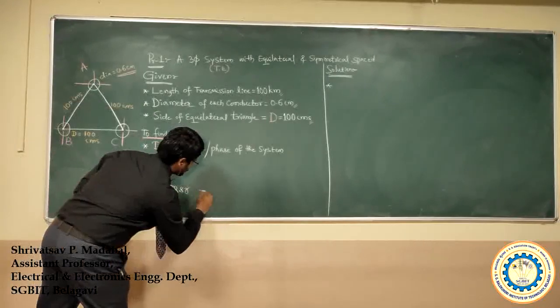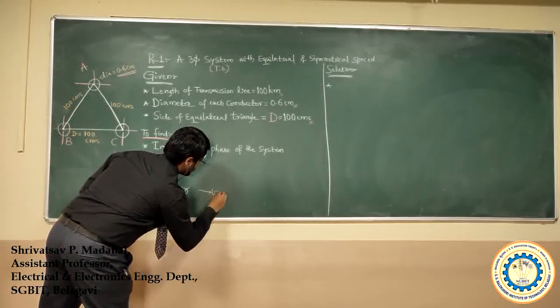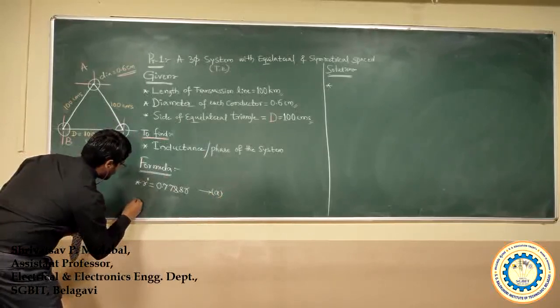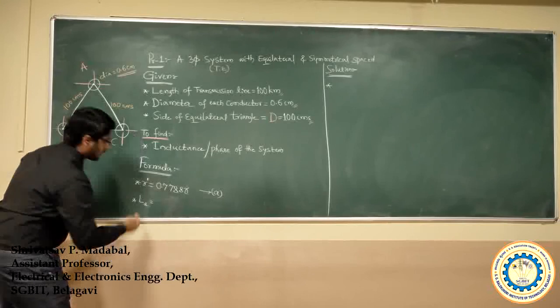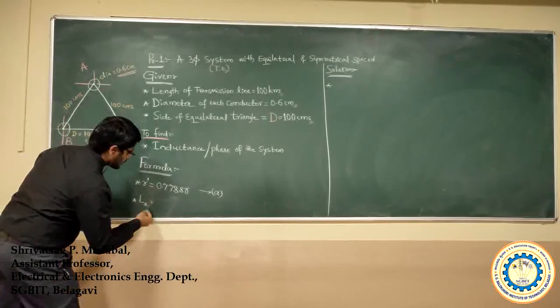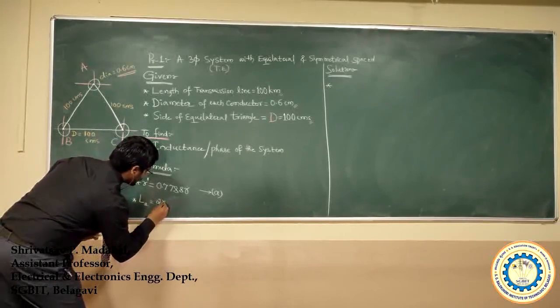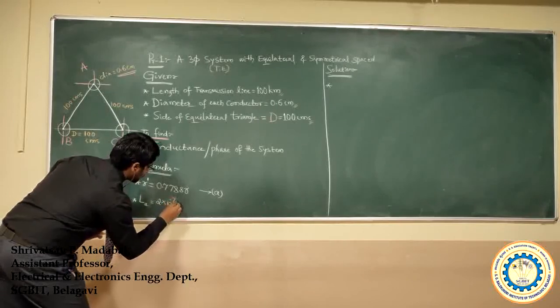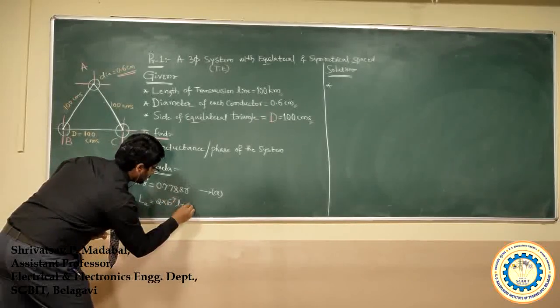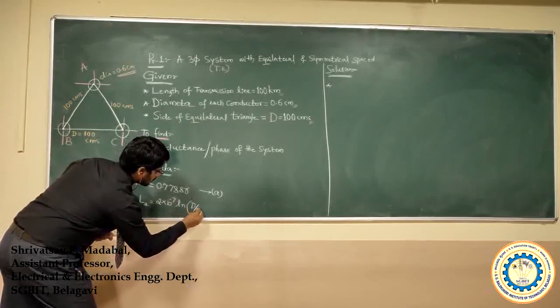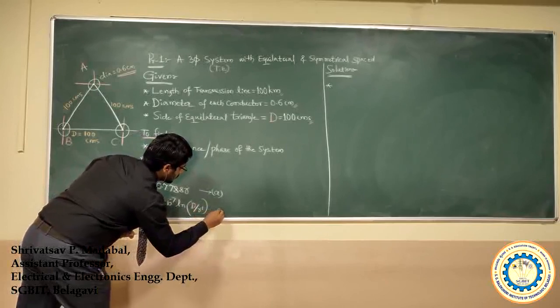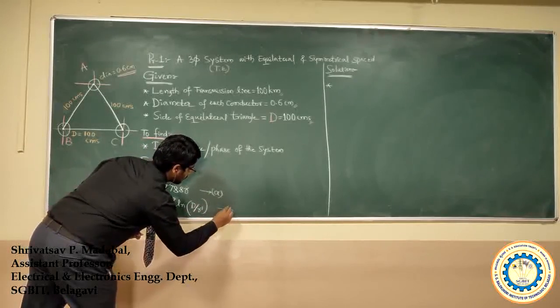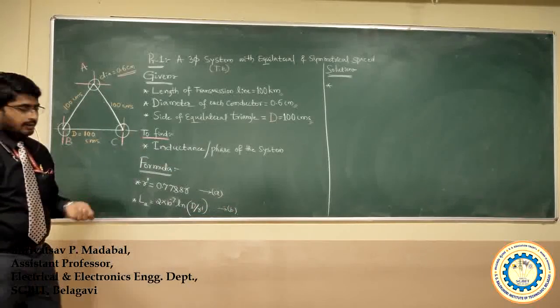This is the first and foremost formula we will be using. The next is the inductance per phase, considering one conductor, which is given by 2 into 10 raised to minus 7 ln of capital D by R dash. This is the second formula that I will be requiring.